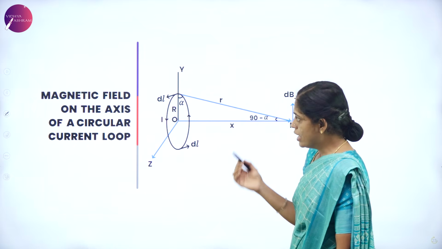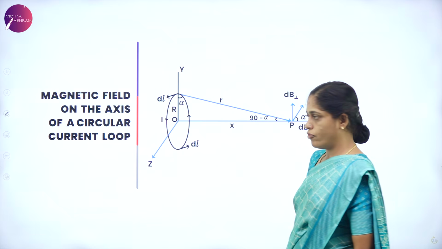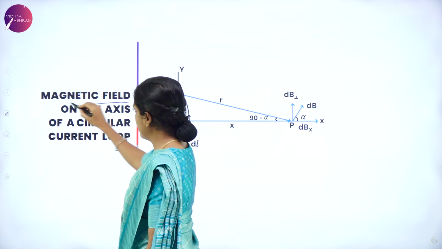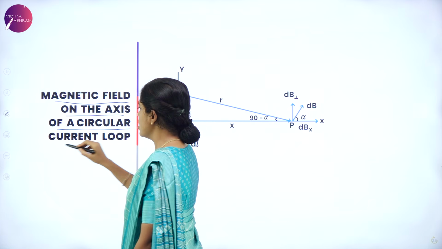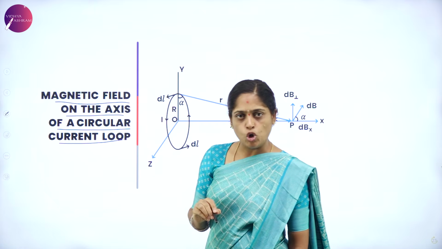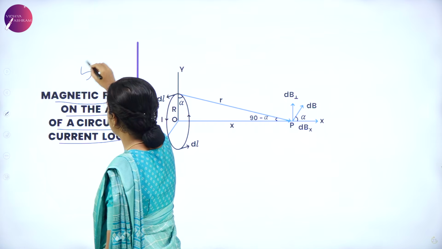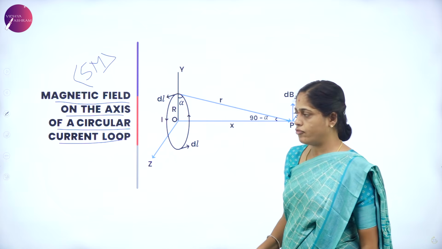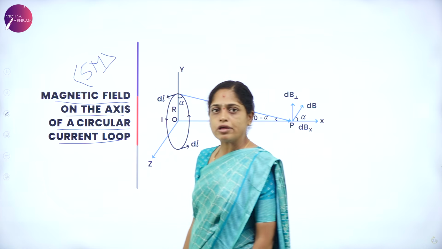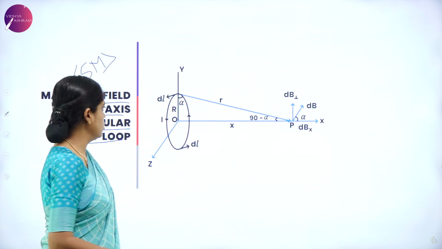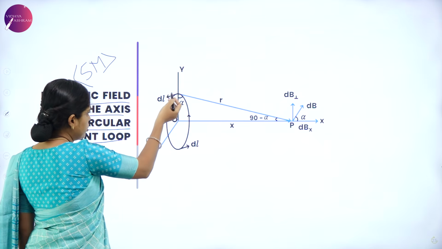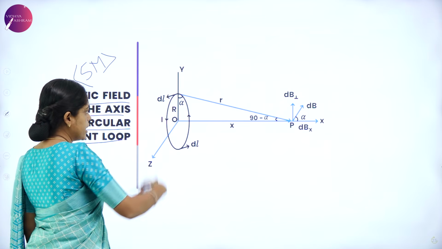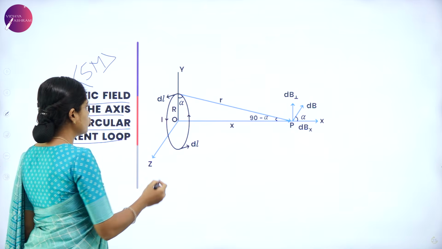Now, a very important application of Biot-Savart's law is the magnetic field on the axis of a circular current carrying loop, which is of 5 marks. Using the Biot-Savart's law, we need to find the magnetic field on the axis of a circular current carrying loop. So consider a circular current carrying loop and look at the direction of the current.